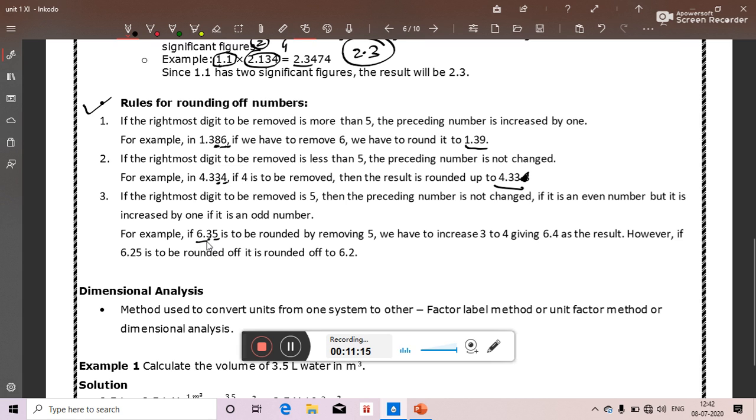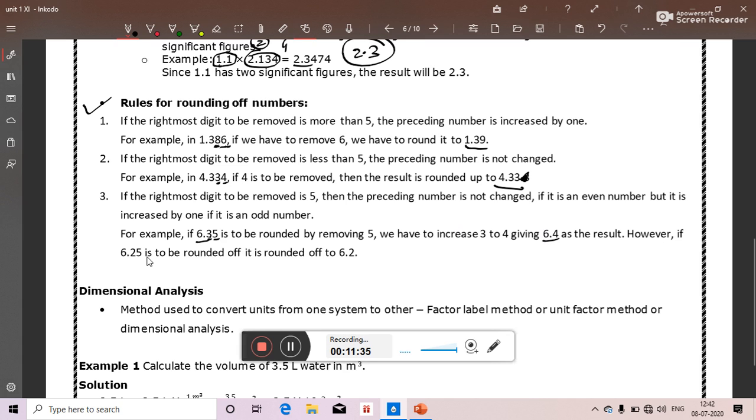So 6.35 will become 6.4. So if the last digit is 5, then we have two rules. The first rule is, if the last digit is 5 and the second last digit is an odd number, then we have to increase it by 1, so it will become 6.4.